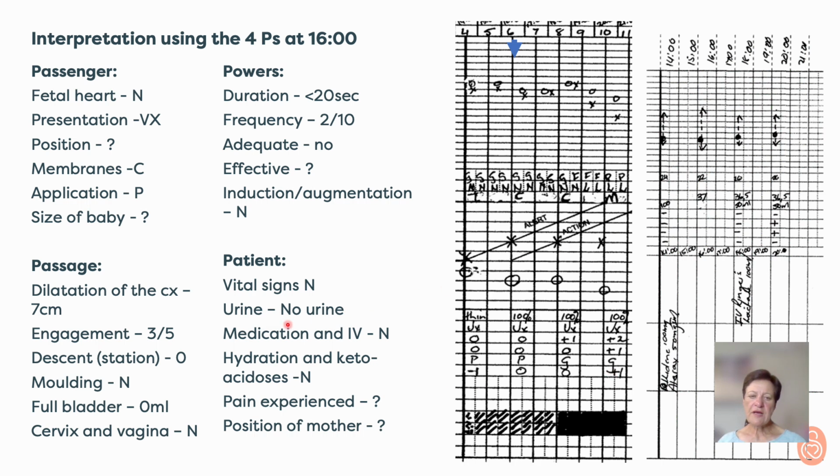Because no urine was passed, no urine has been tested, so we're not 100% sure about the hydration and the ketoacidosis. But because labor has been going on for already 6 hours, it becomes very important that we make sure our patient stays hydrated and does not get ketoacidosis by giving her nutritional fluids and glucose, so sweets, glucose drinks, so that she stays hydrated and does not become ketoacidotic.